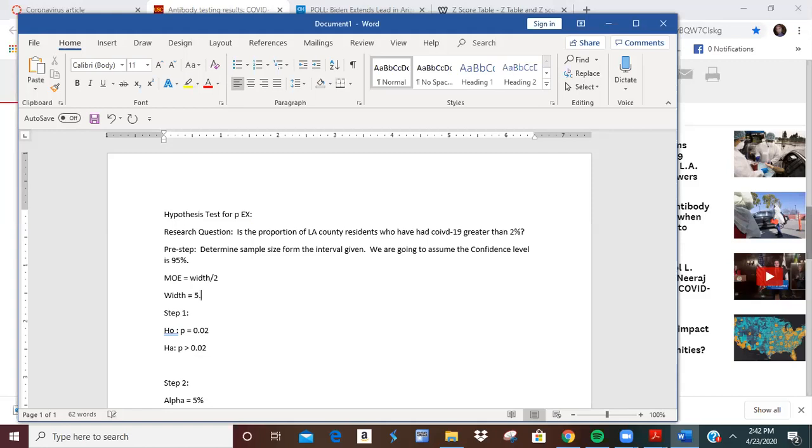So we'll do 5.6 minus 2.8, and we get the width, and that is 2.8. So that means our margin of error is half of that, 1.4.